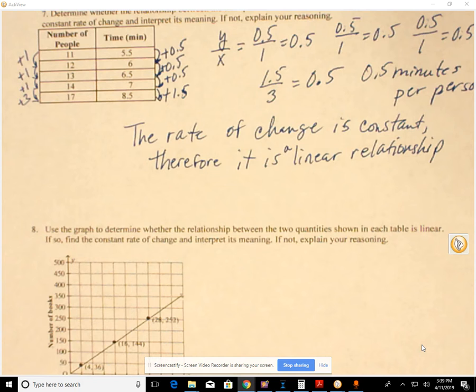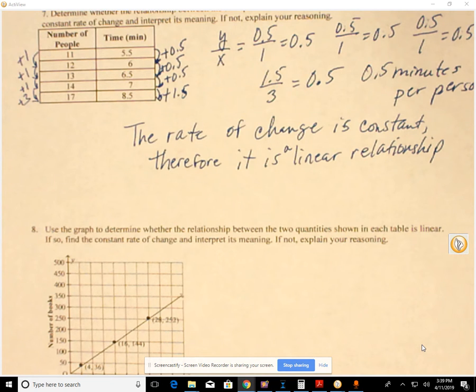Okay. Number 8. It says use the graph to determine whether the relationship between the two quantities in the table are linear. If so, find the constant rate of change and interpret its meaning. If not, explain your reasoning.